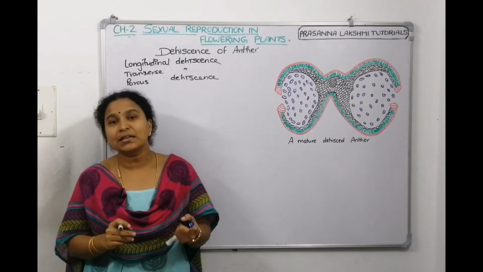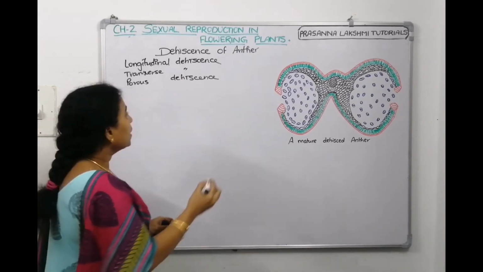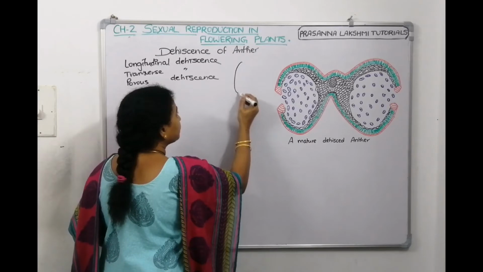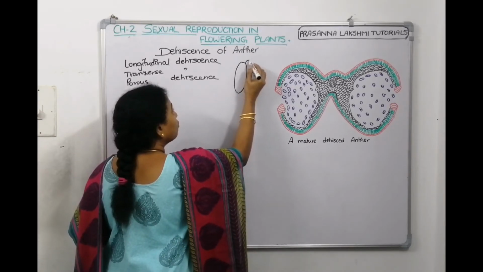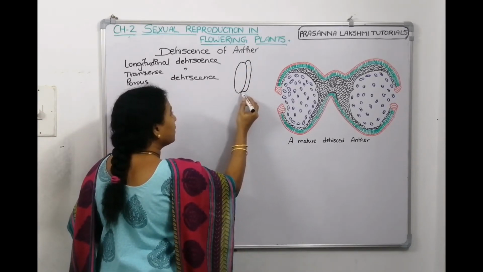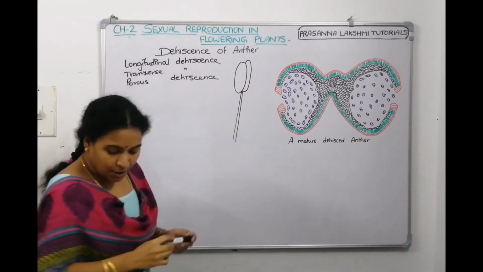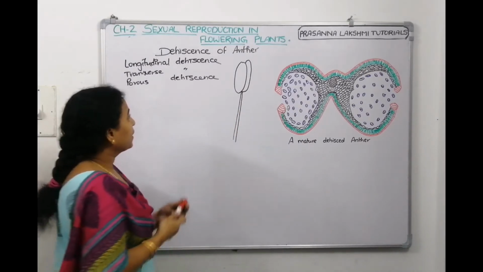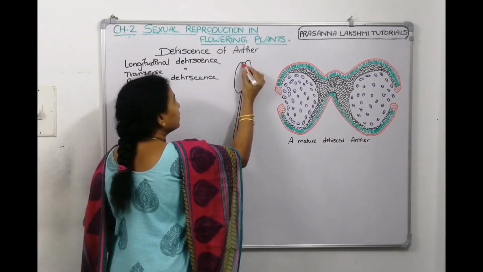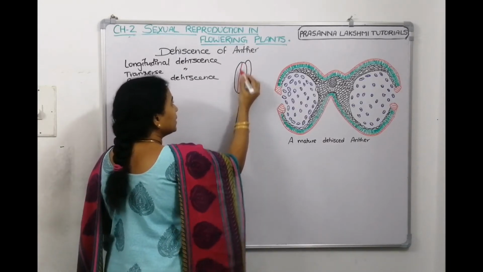If you see the NCERT textbook, they showed one anther. This is one anther lobe, here is the other anther lobe, and this is the filament they represented. And then they showed a line here. What is this line? This is a line of dehiscence.